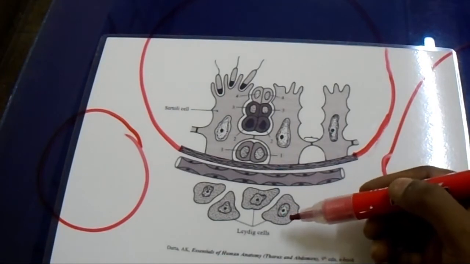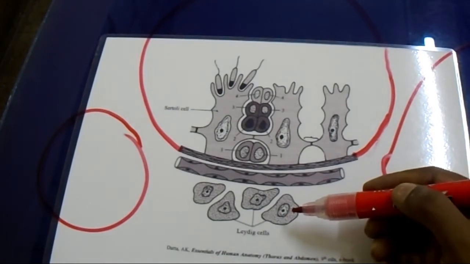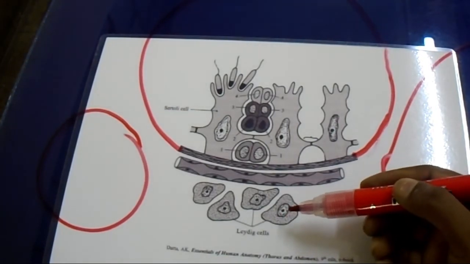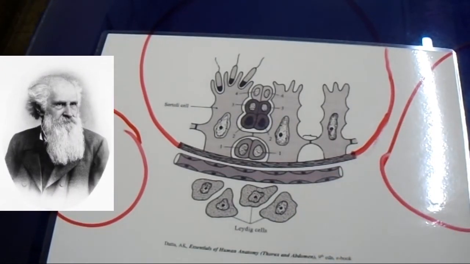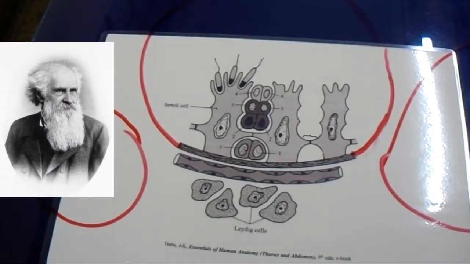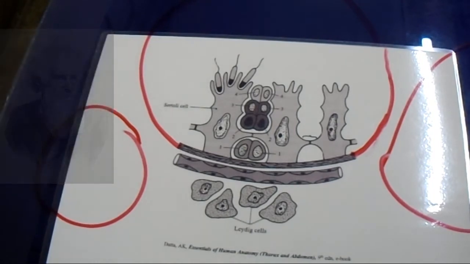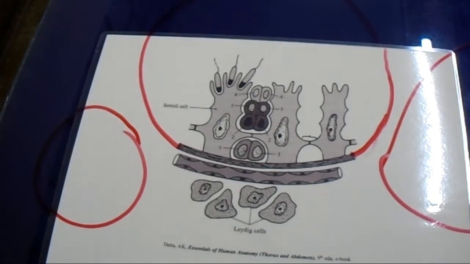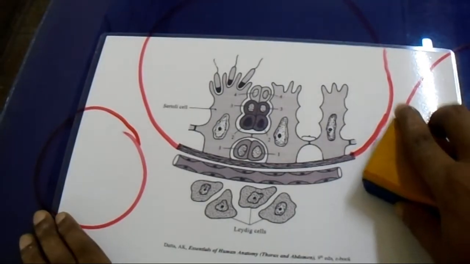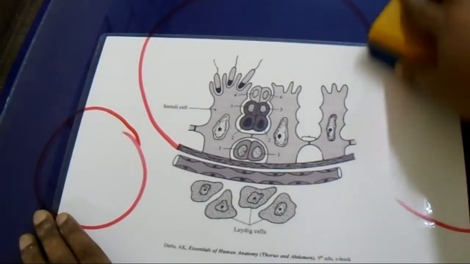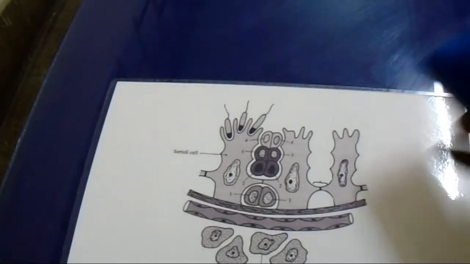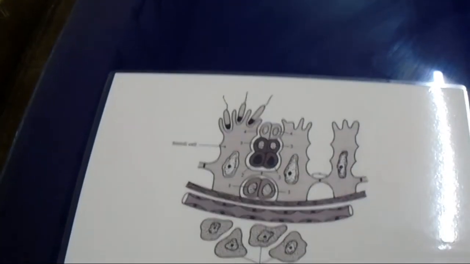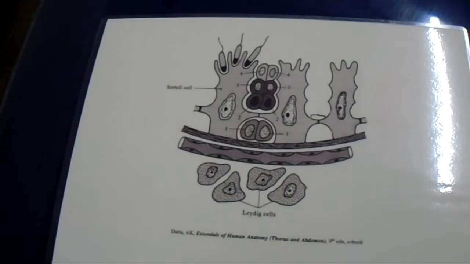So these are the interstitial cells of Leydig, a term the scientist Leydig introduced after his name. We will remove the other tubules and focus on this one.